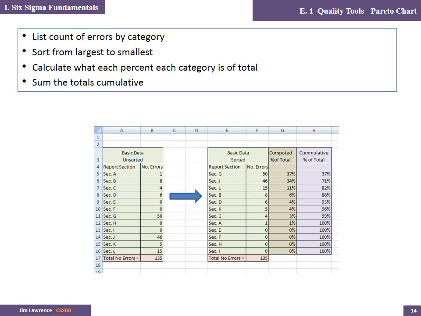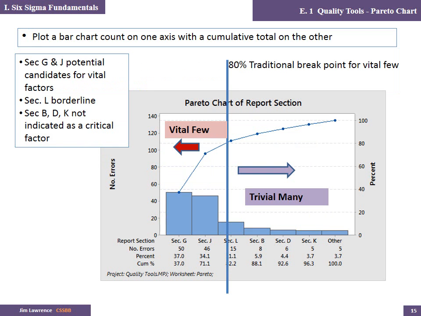That's plotted on the right axis there under percent, and then you have the number of errors. So you see the basic traditional Pareto chart with number of defects in the bars ranked from most to smallest and the cumulative percent.